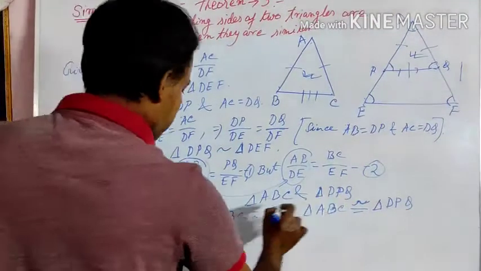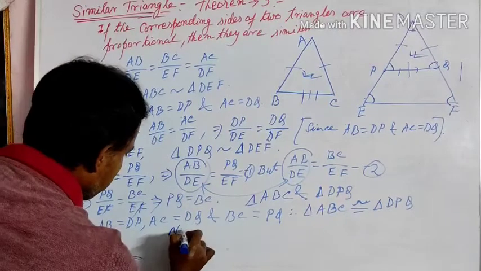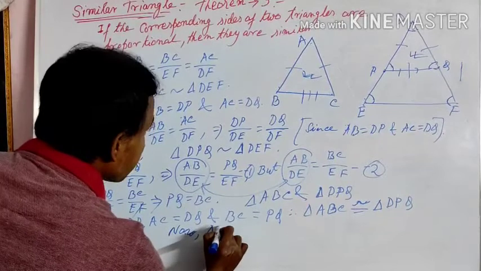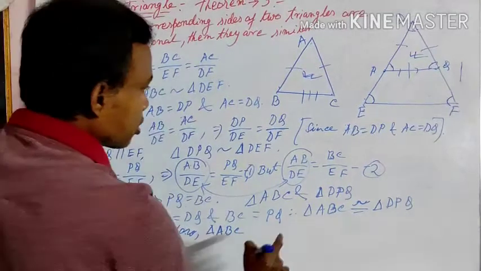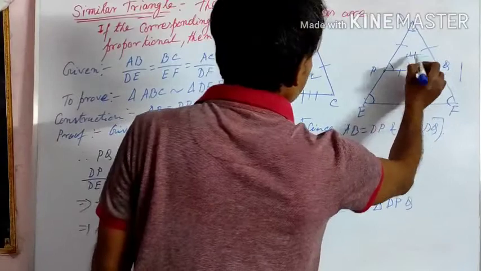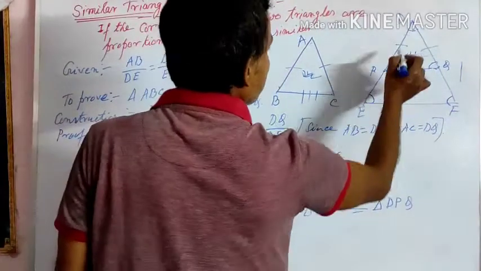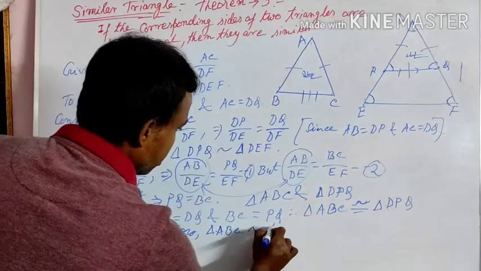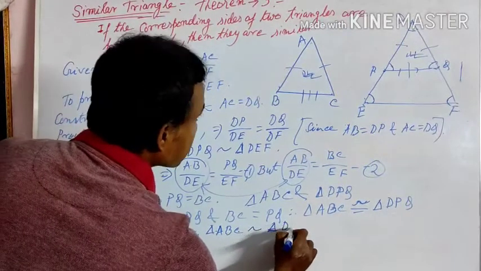Now we can write triangle ABC is congruent to DPQ, and DPQ is similar to DEF. Therefore, we can write ABC is similar to triangle DEF.